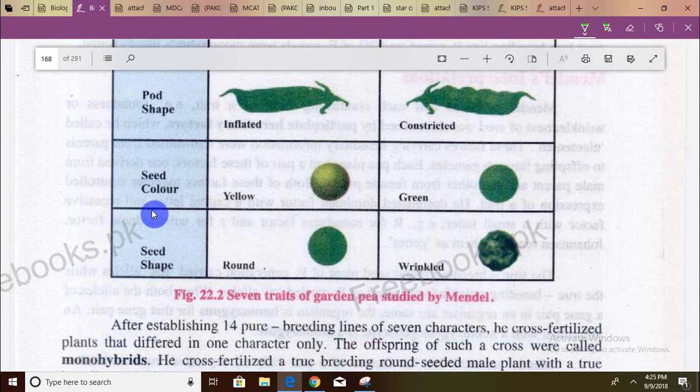Because he was sure that all other loci were similarly homozygous, so that wasn't a problem. And he just had to look at the one trait they differed in. And the offspring of such a cross were called monohybrids because only one gene locus was under consideration.